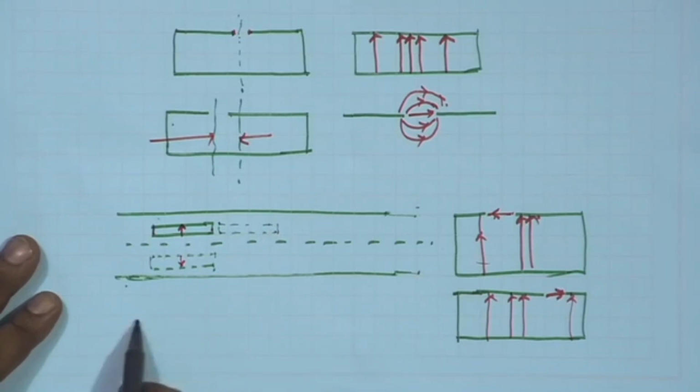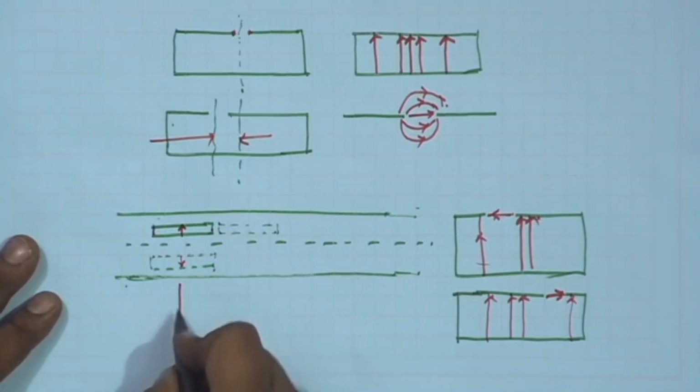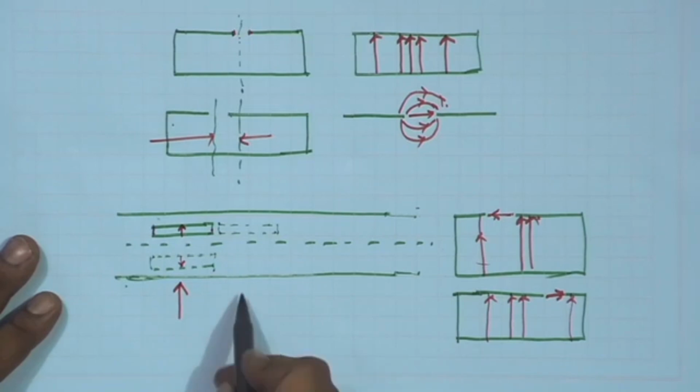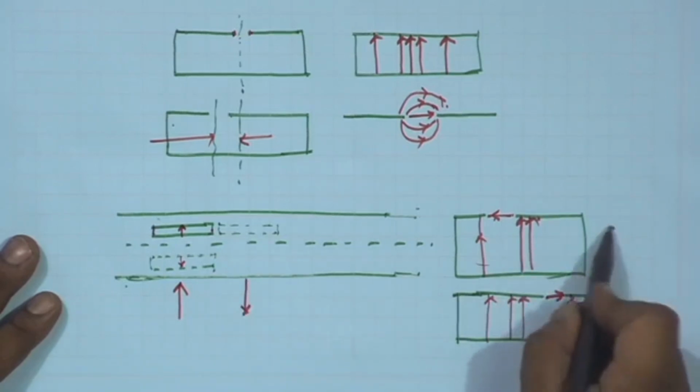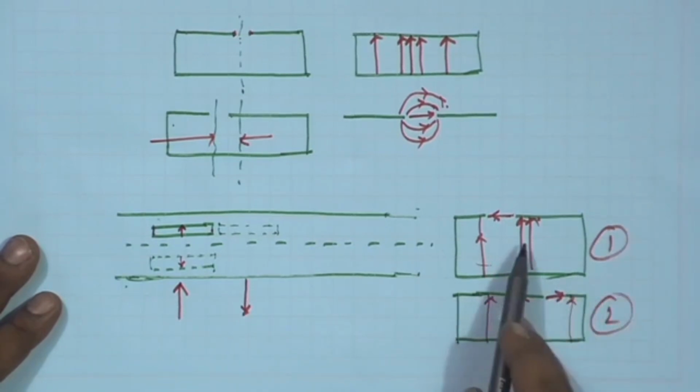Now, along the propagation direction, if the electric field is upward here, after lambda g by 2 it will be downwards. So, in figure 1 and figure 2, the direction of electric field will change.